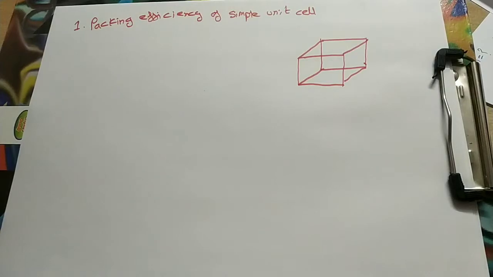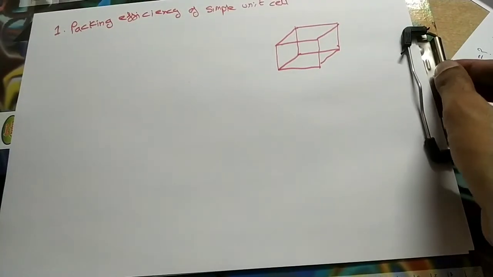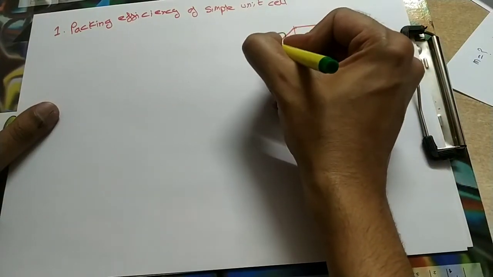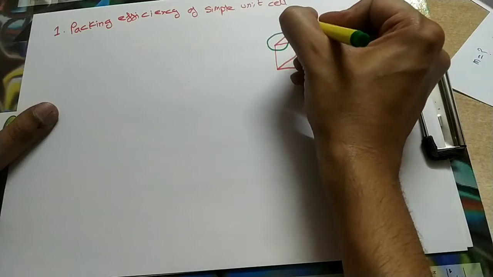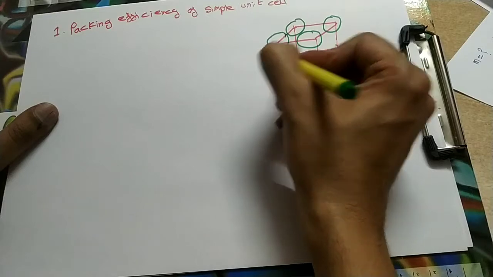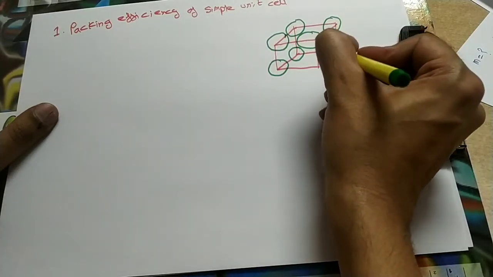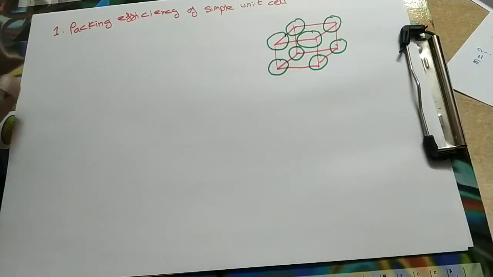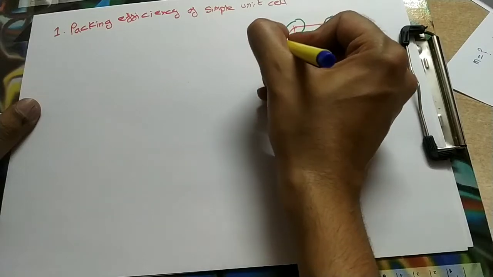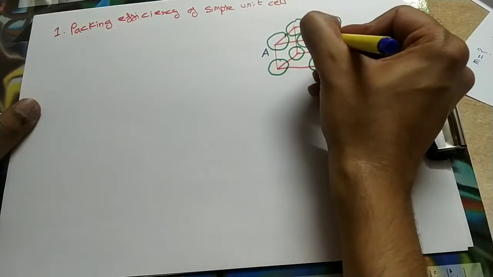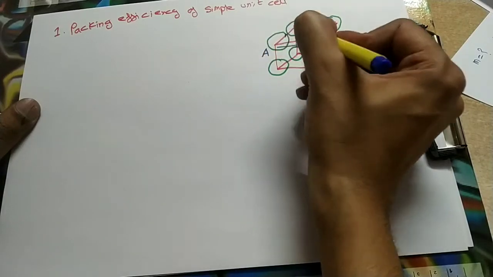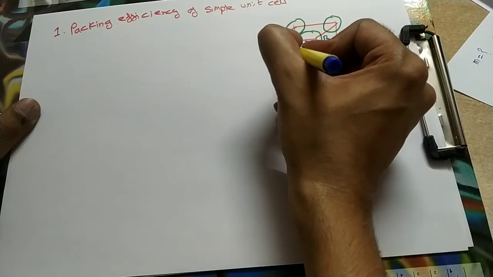In simple unit cell, atoms are present at corners. So corners पर atoms fill करो. Let this point be A, this be B. Edge length of this cube is small a.